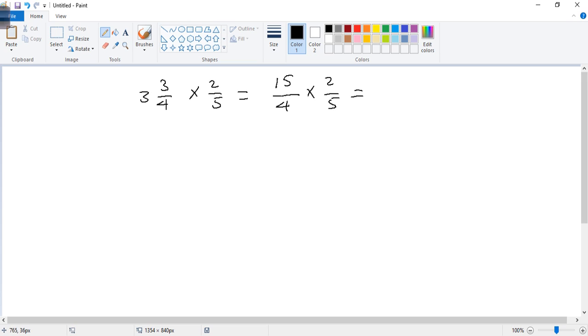Now we can simplify. 2 divided by 2 is 1, 4 divided by 2 is 2, 5 divided by 5 is 1, 15 divided by 5 is 3. 3 times 1 equals 3, and 2 times 1 equals 2. 3 over 2 is 1 and 1 over 2.